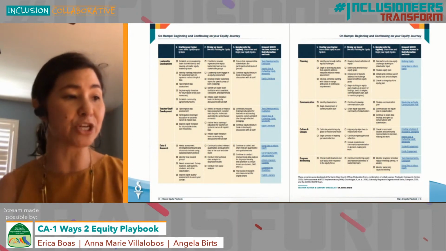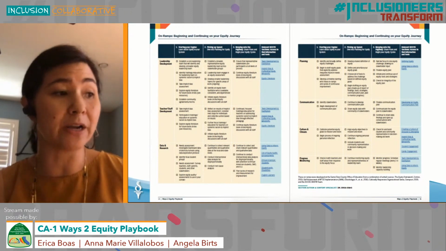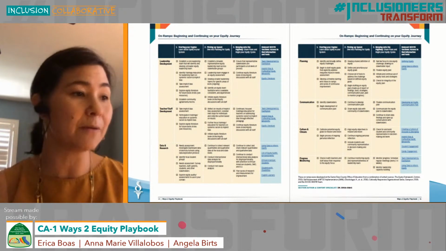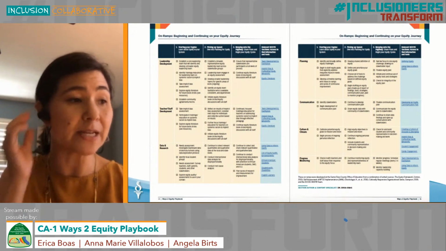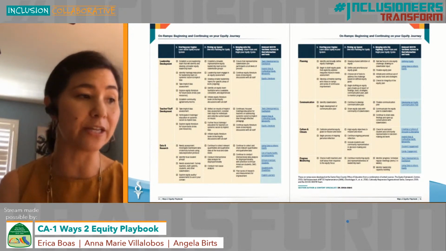As the title suggests, this rubric is to help you assess and identify where you are in your equity work, early, middle, or further along. From here, you can use these on-ramps as a tool to construct your own trajectory around your equity journey.